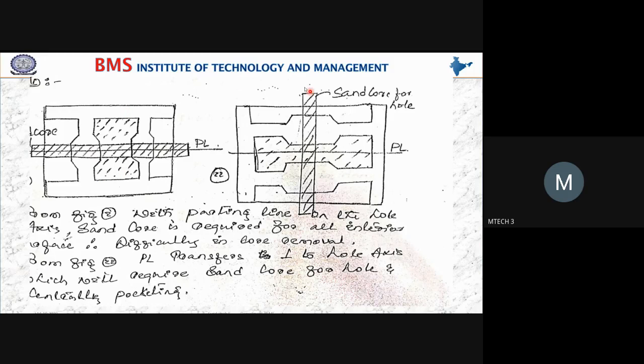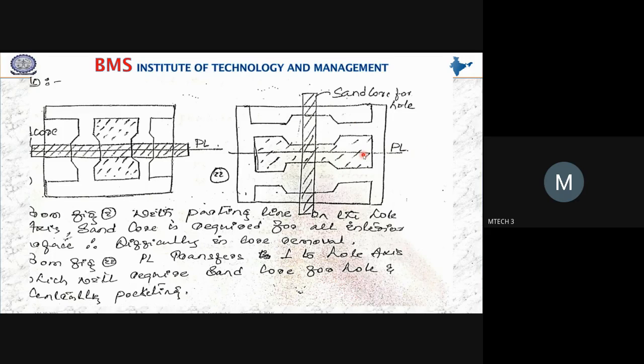So now what he says, let us change the parting line direction to perpendicular to the hole axis. Perpendicular to the hole axis. Look at this, the second figure, what you can see over here. So the parting line is perpendicular to the hole axis, which will require a sand core for the hole and central pocketing.